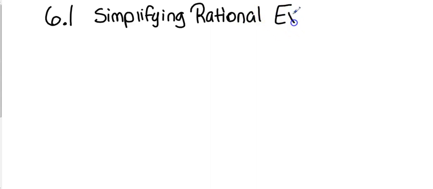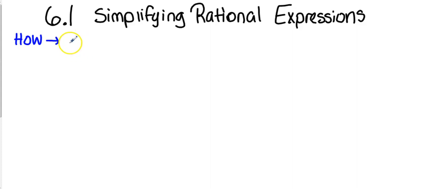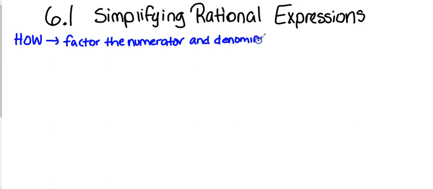Simplifying rational expressions. Let's first talk about the how. We are going to factor the numerator and denominator and cancel out common factors.